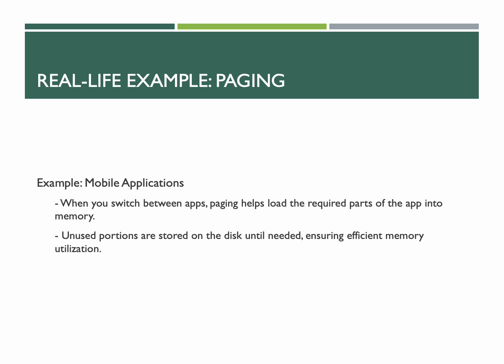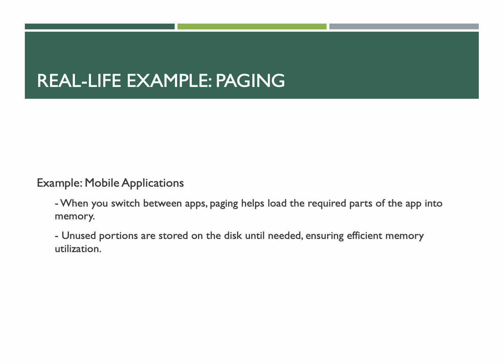Okay, now we'll see a real-life example of paging to better understand. When you switch between apps on your smartphone, the operating system uses paging to efficiently load and manage memory. Here's how it works. When an app is actively in use, the required parts of the app are loaded into physical memory or RAM.